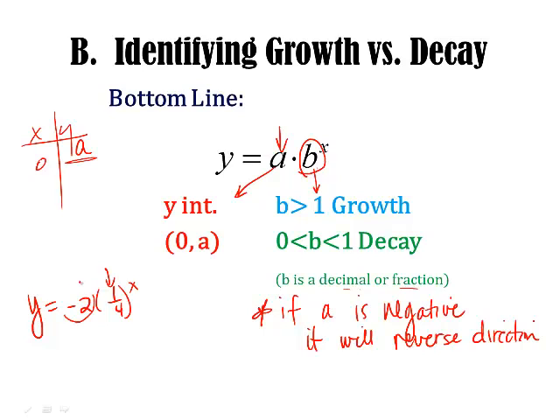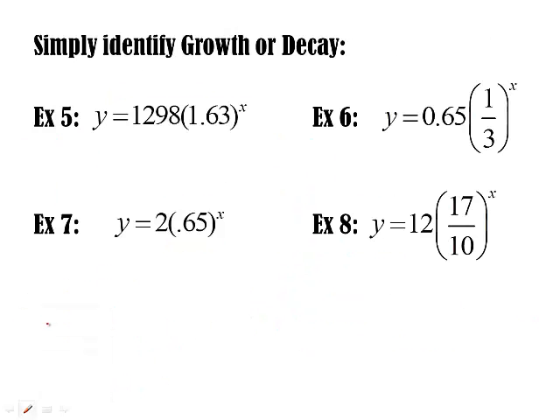However, the negative 2 over here will reverse that. It's not decay, it becomes a growth because that negative reflects it over the x-axis. So that's the exception to the rule. If a is negative, it will reverse the direction of your curve. So just keep that in mind. Look back at the examples we just did, and you should.